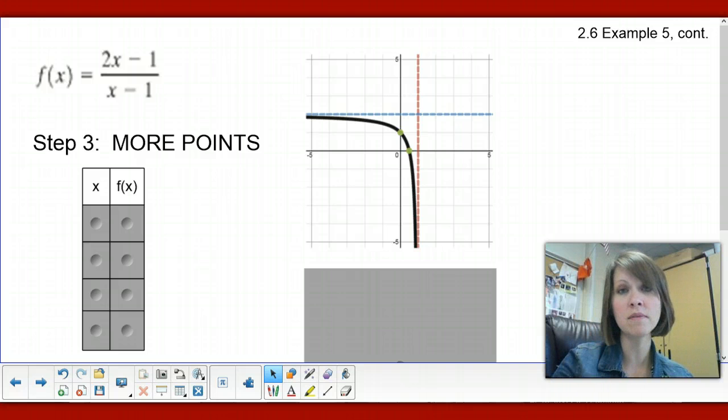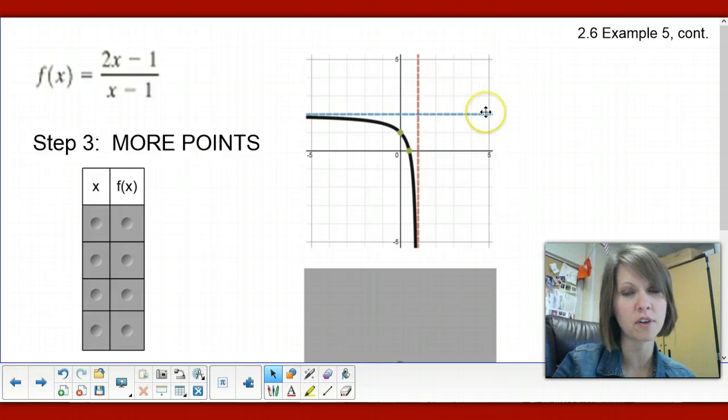So step 1, asymptotes. Step 2, intercepts. Step 3, we need some more points. And where we need some more points is over here, specifically on the right side or the other side of this vertical asymptote. I'm not worried about the horizontal asymptote right now.